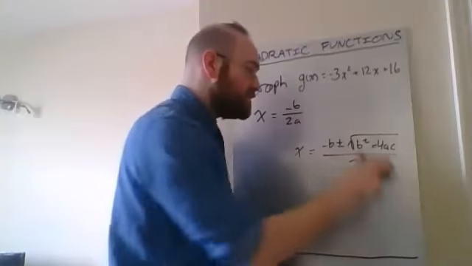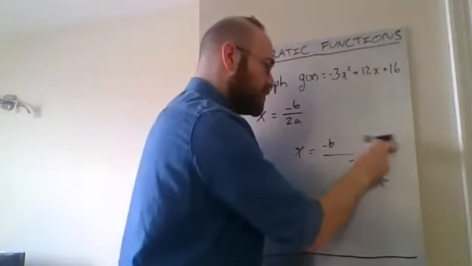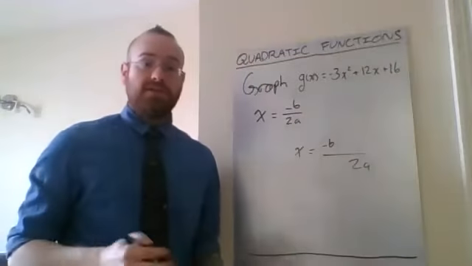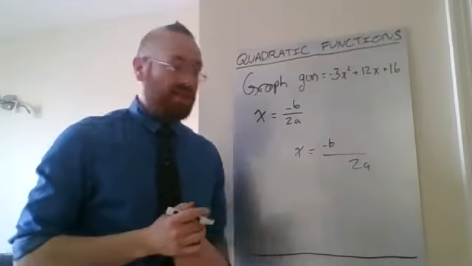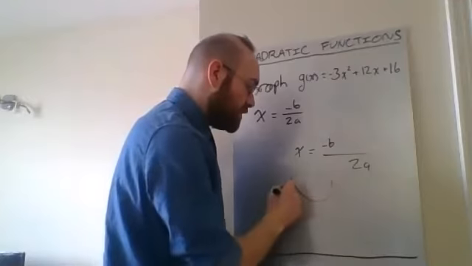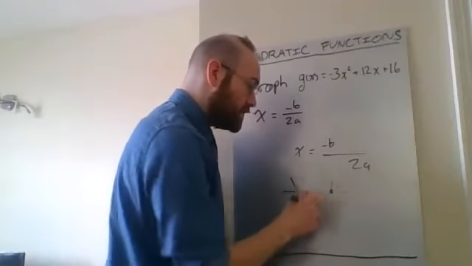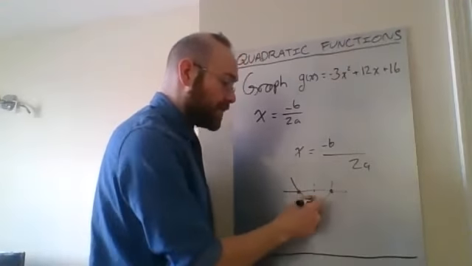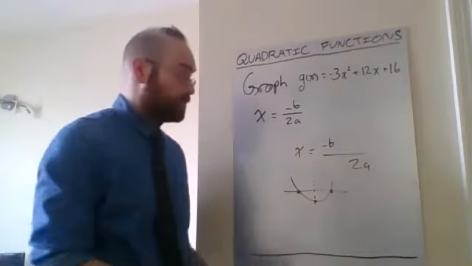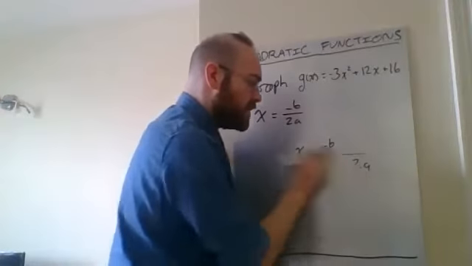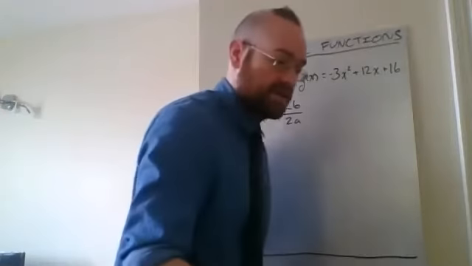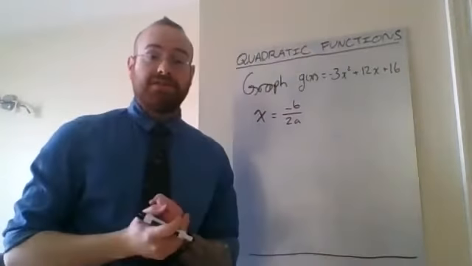So when we get rid of this part, the discriminant, we get our formula for the vertex. That's because if you think of a quadratic function that has two zeros, right between them is going to be our vertex. And that is what the quadratic formula is helping us to see.